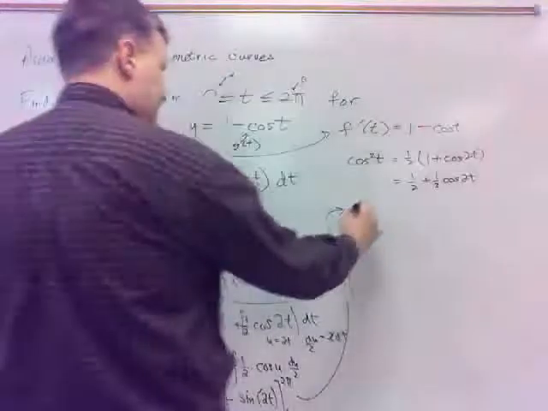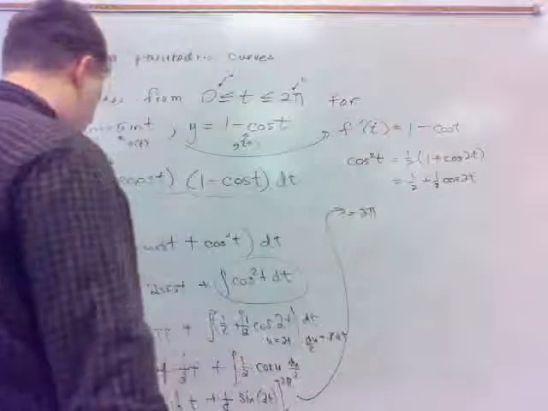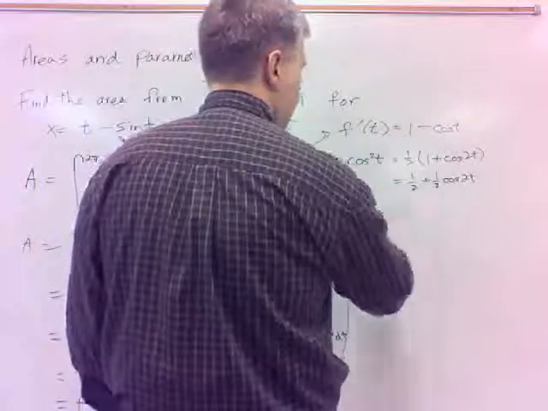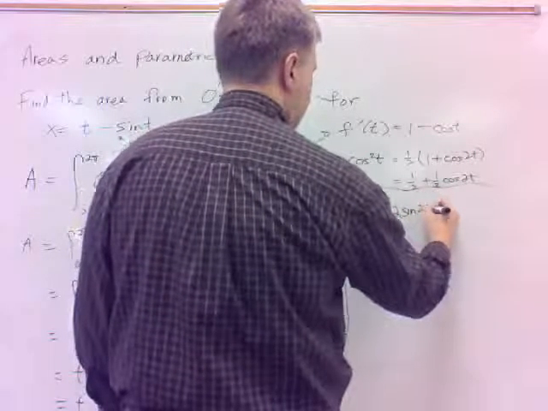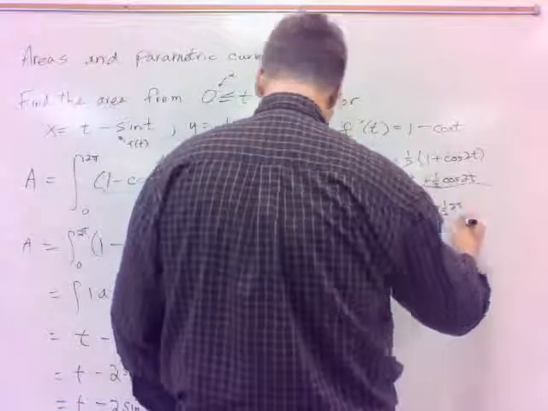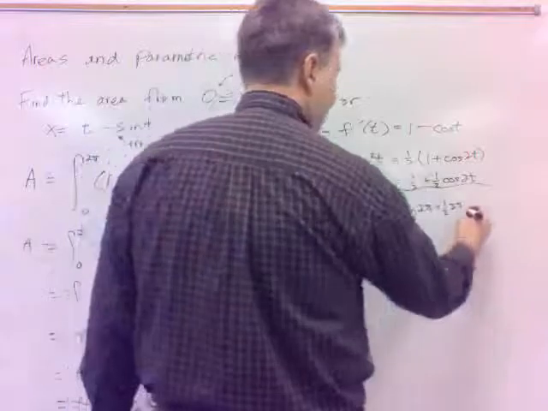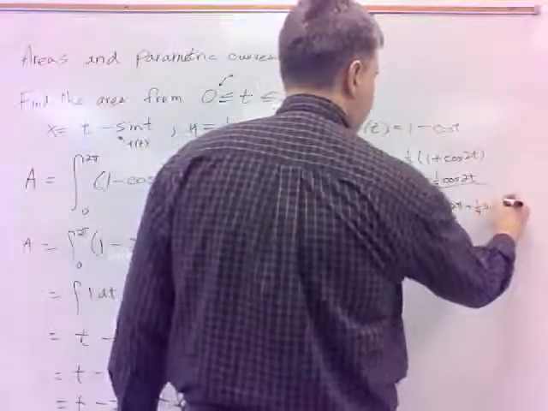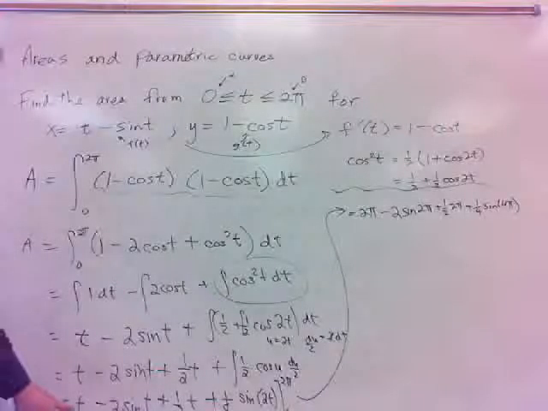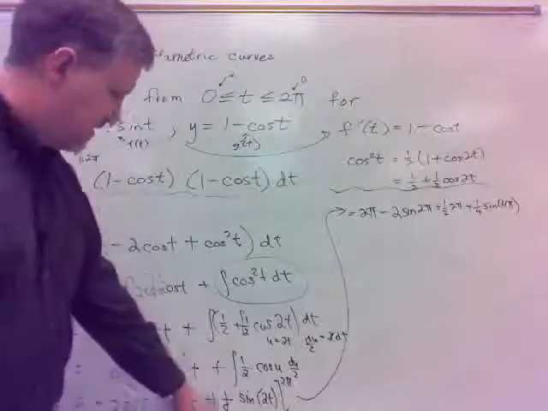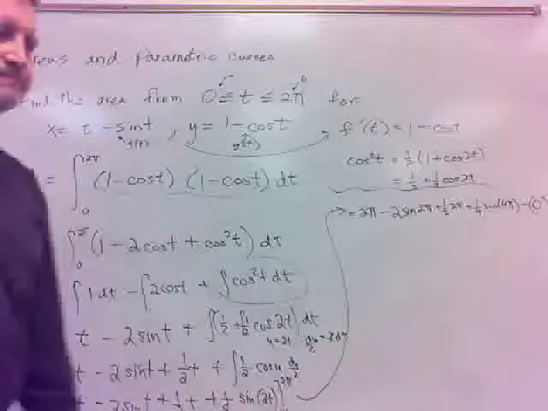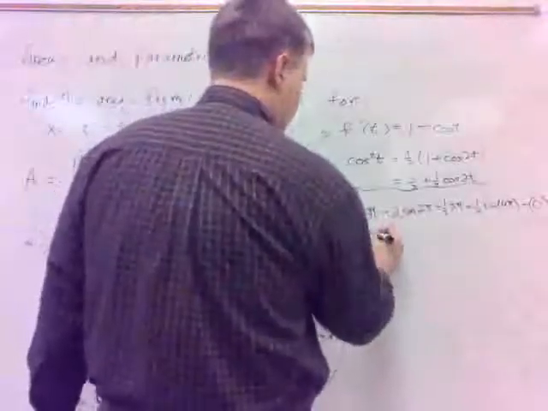Plug in 2 pi, so we have 2 pi minus 2 sine of 2 pi plus 1/2 of 2 pi, sorry, and then 1/4 sine of 4 pi. And then the good news is, plug in 0, that's 0, sine of 0 is 0, that's 0, sine of 0 is 0. All right, so the rest is 0. Everything else is 0.